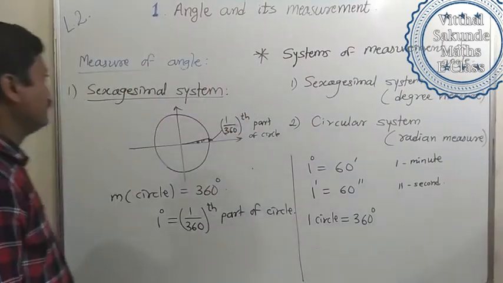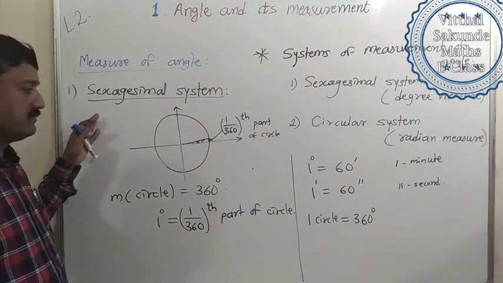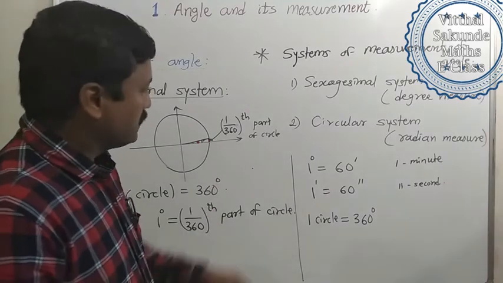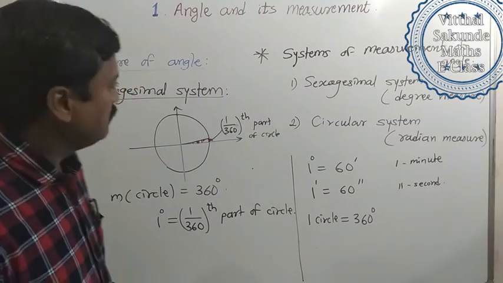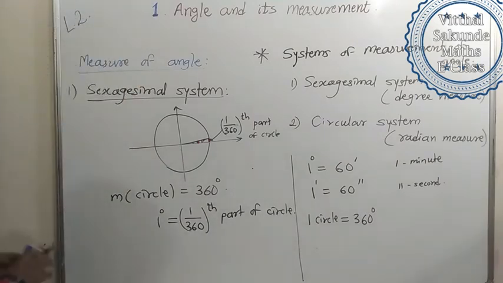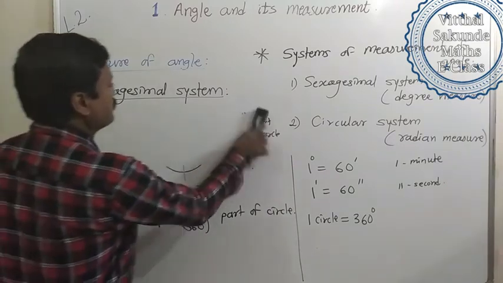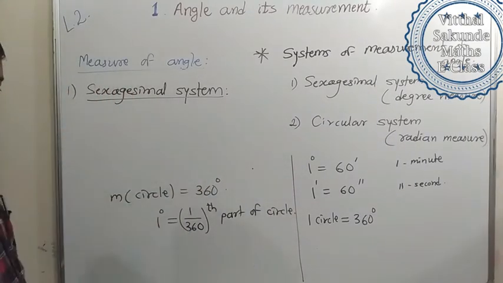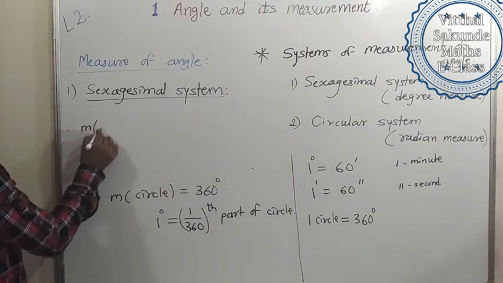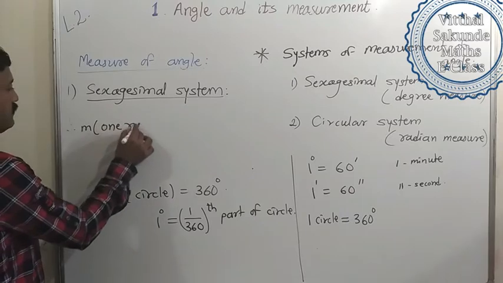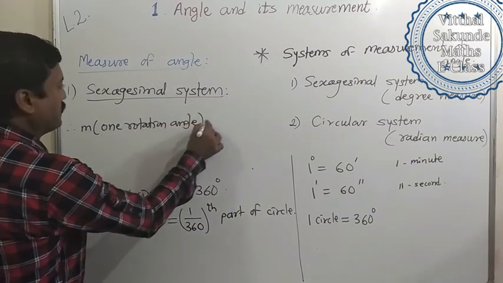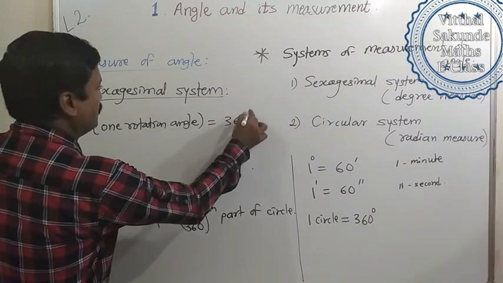So this is the sexagesimal system. Using this system, we can write the measure of one rotation of a circle. The measure of one rotation angle is nothing but 360 degrees.